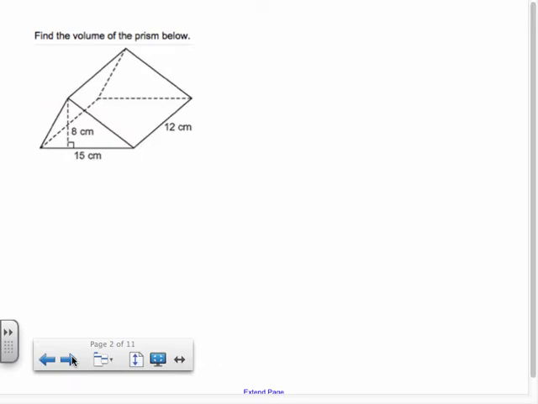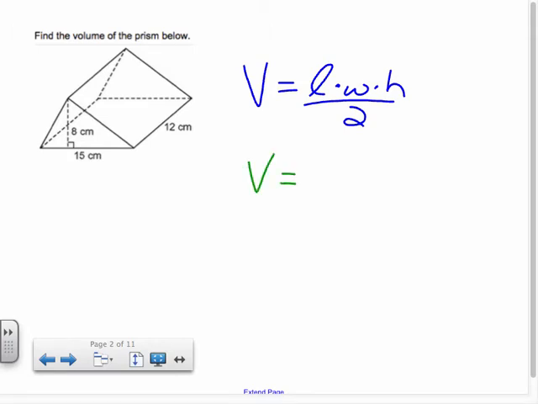For the next one, we're going to do the same thing. Volume equals length times width times height divided by 2. So if we plug in our numbers, we're going to say 12 times 15 times 8. Technically it doesn't matter which number you put in as the length, width, and height, because multiplication is commutative.